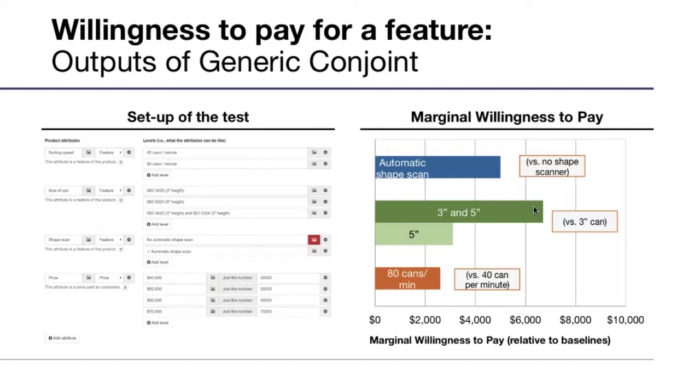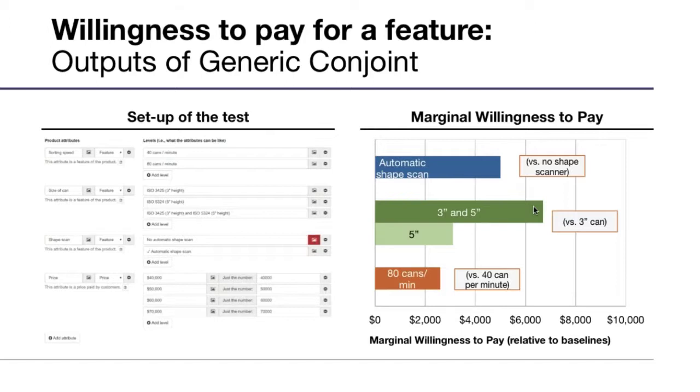On the right-hand side, you would see the output of such a test. You would see that people are willing to pay more than $6,000 for an upgrade from a 3-inch can option to 3 and 5-inch can option, and about $5,000 for an automatic shape scanning feature versus no shape scanning feature.